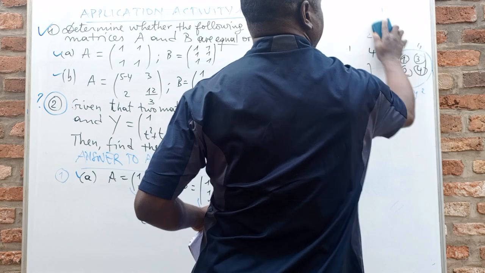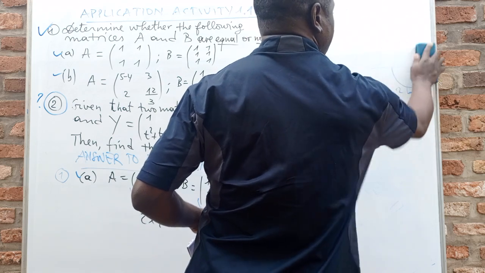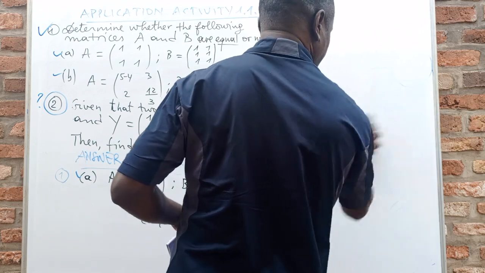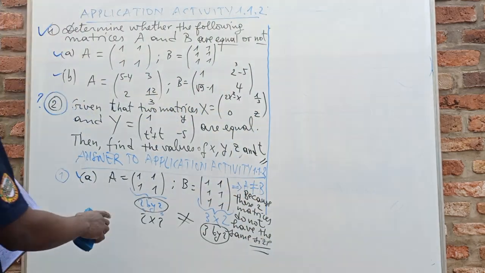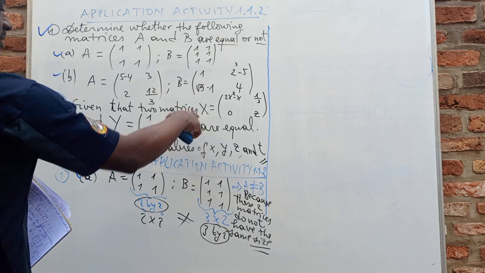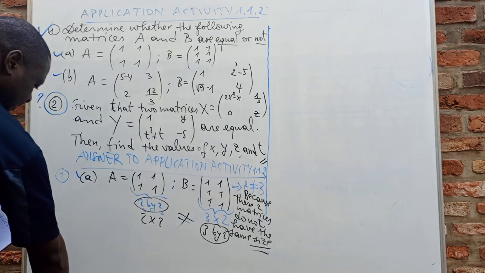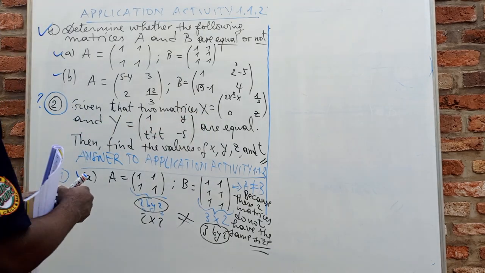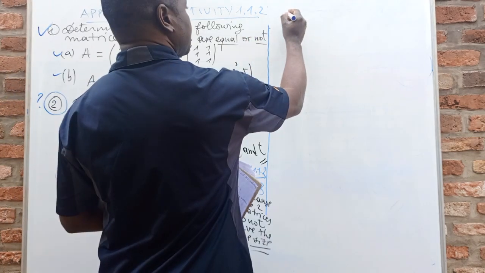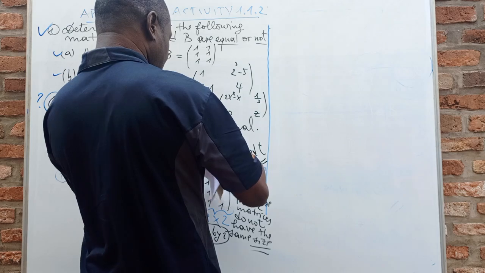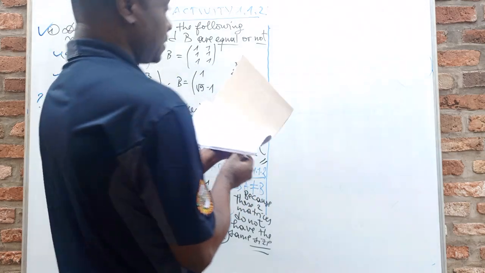The question is, we have two matrices, matrix X and matrix Y, and then if they are equal, this is question number 2.